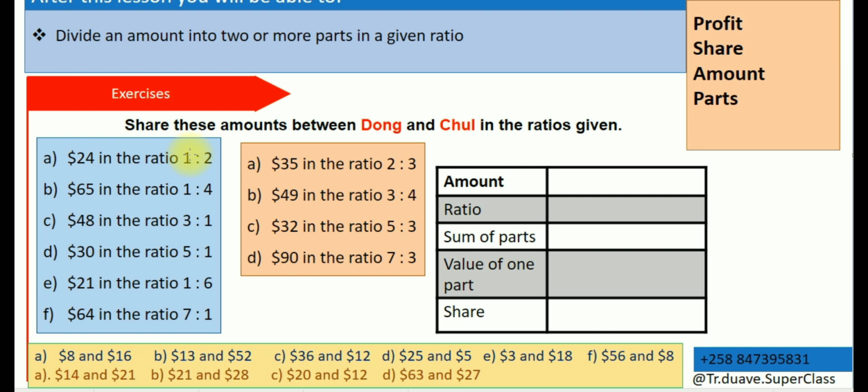For each of these problems below we have the answers. To make it easy for us, we'll use this table to work out all the exercises. Let's solve one of them together and the others you will work out by yourself.